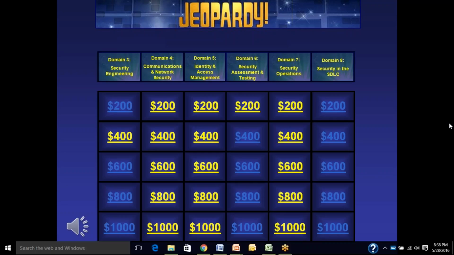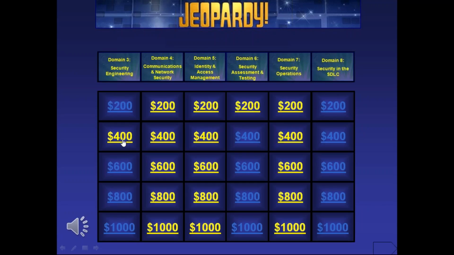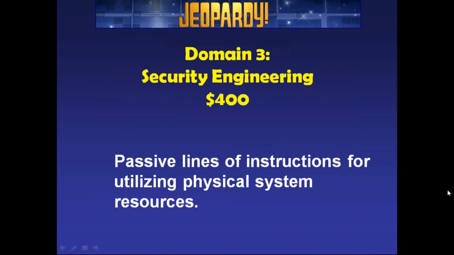I'll go ahead and close out domain 3 for 400. All right, here we go. This is the one that was close, that Ron got earlier and got again.